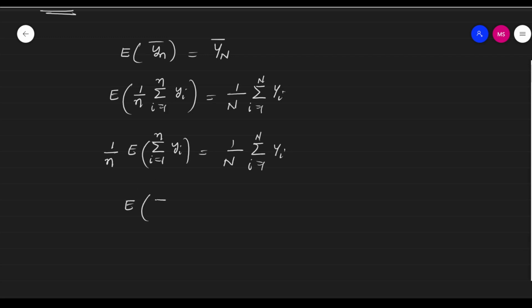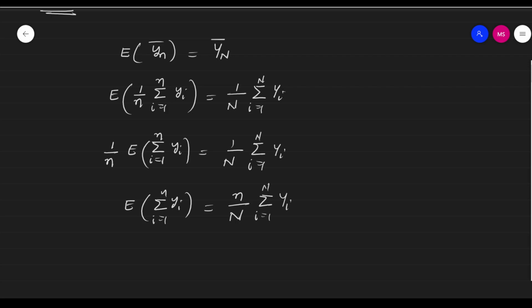Now finally, summation i running from 1 to n yi is equal to n by capital N summation i running from 1 to capital N yi.